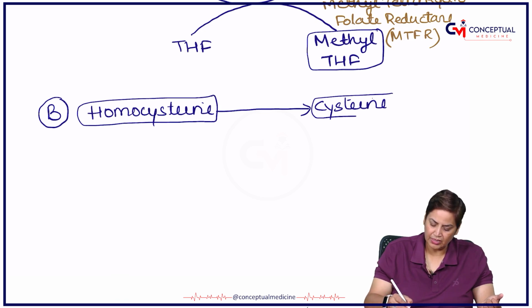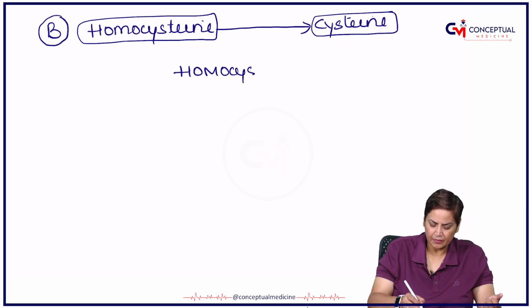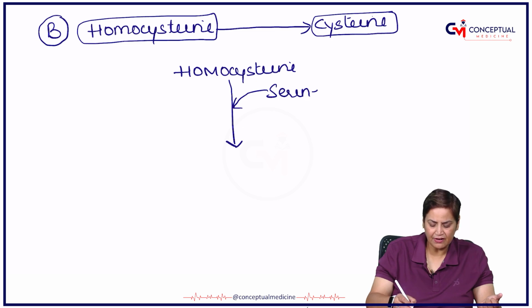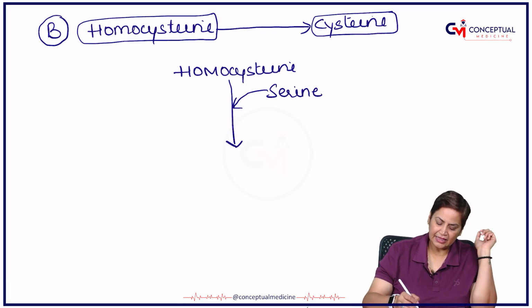Now, if we talk about this, we can simply say that this homocysteine, this is a very important reaction, it combines with serine. Serine, which itself is a non-essential amino acid. So this serine will come in the presence of B6.